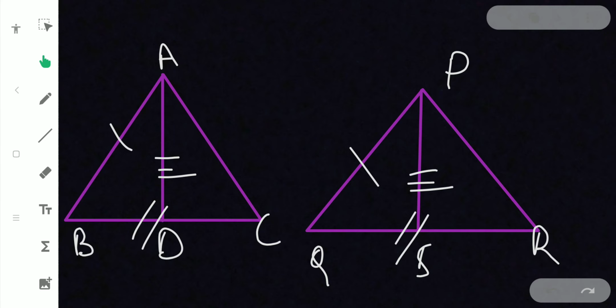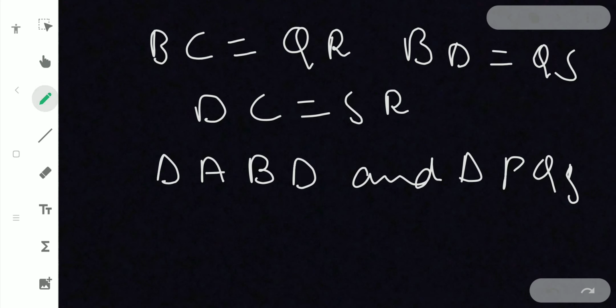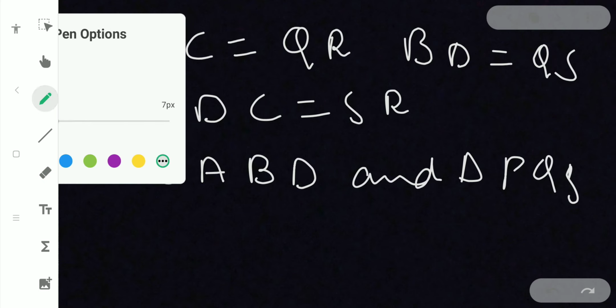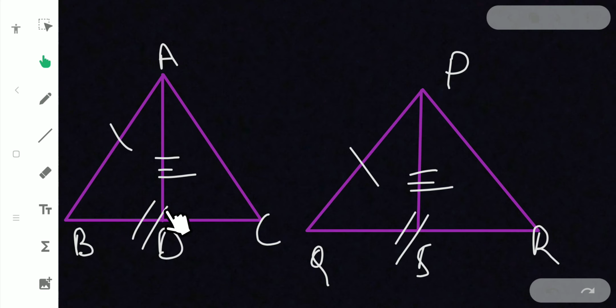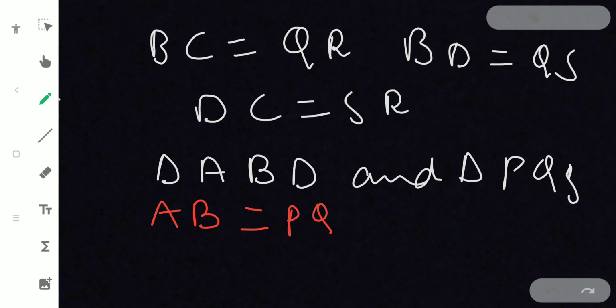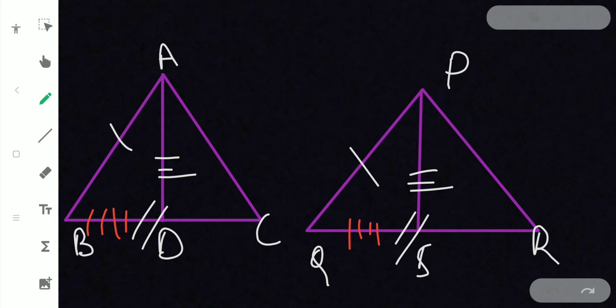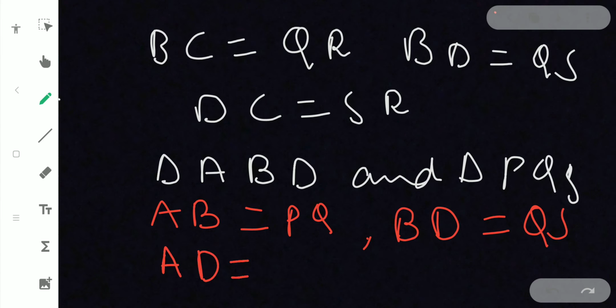Now here we are having AB is equal to PQ, so I will write AB is equal to PQ in red color, and what else we are having is BD is equal to QS, and next we are having this median AD is equal to PS.